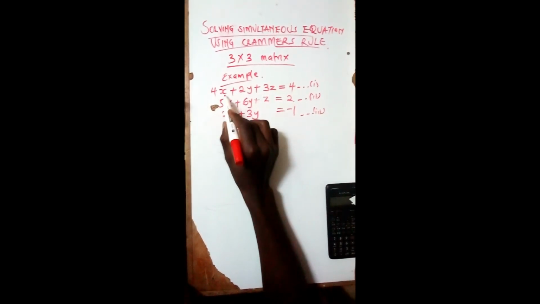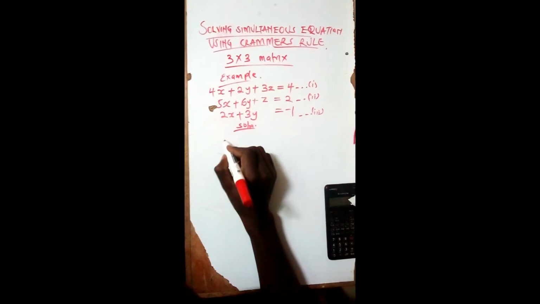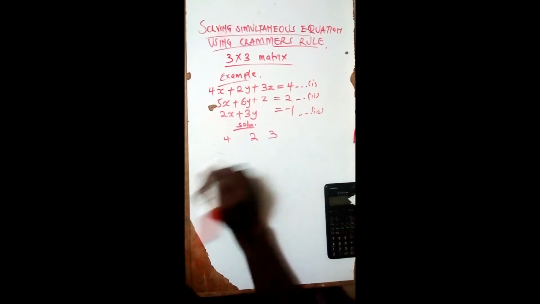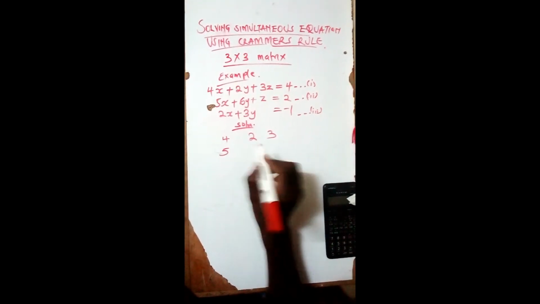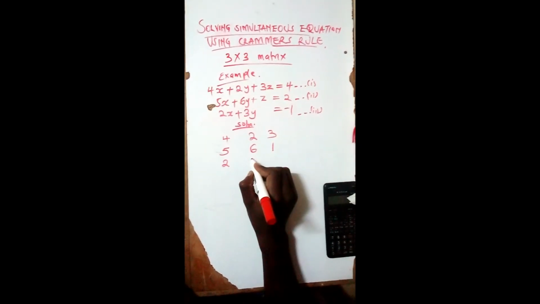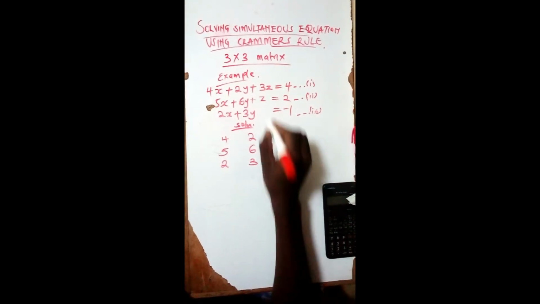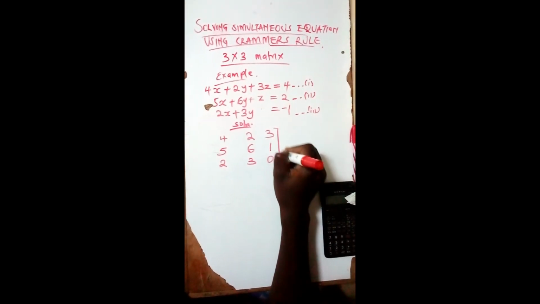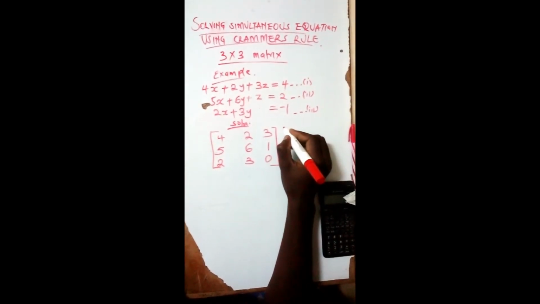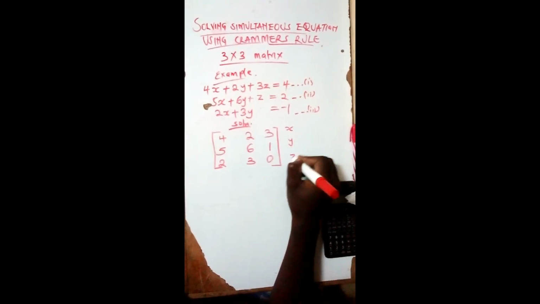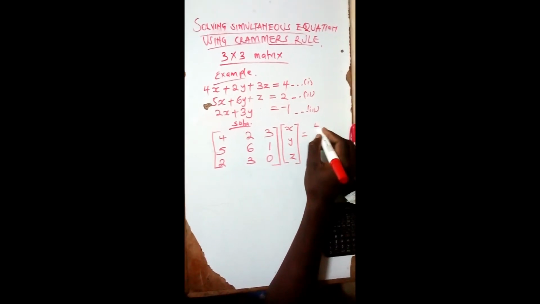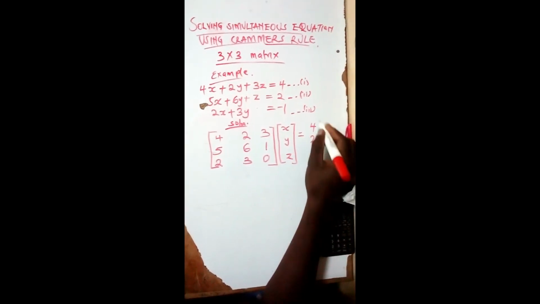The coefficients in the first equation are 1, 2, 3, then 5, 6, 1, then 2, 3, and here is 0 because we don't have z. Then this is our matrix, which we multiply by x, y, and z, which is equivalent to 4, 2, -1.